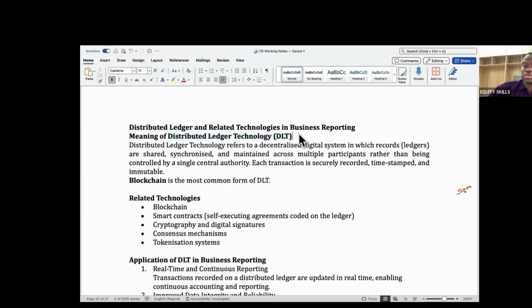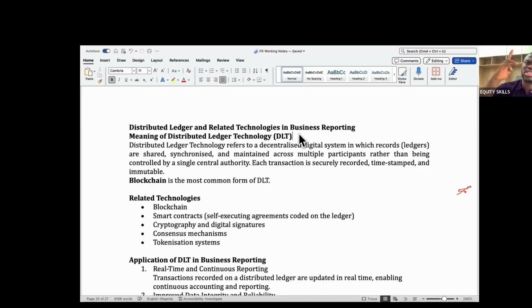So it's new. And this technology works based on a decentralized digital system. And any record that is transferred into this system is shared and can be viewed by everybody. As soon as you put a record on that system, everybody is seeing it.